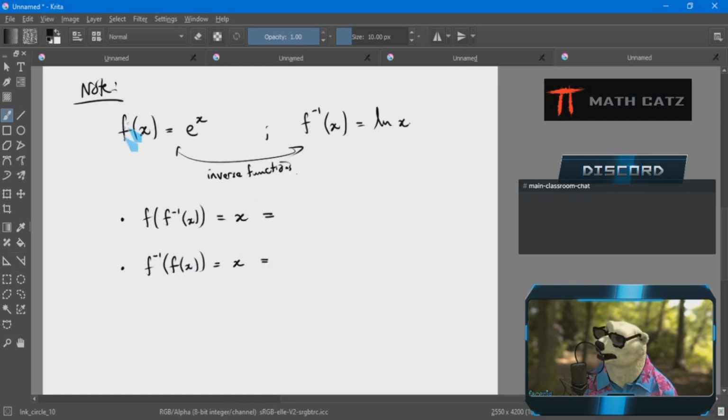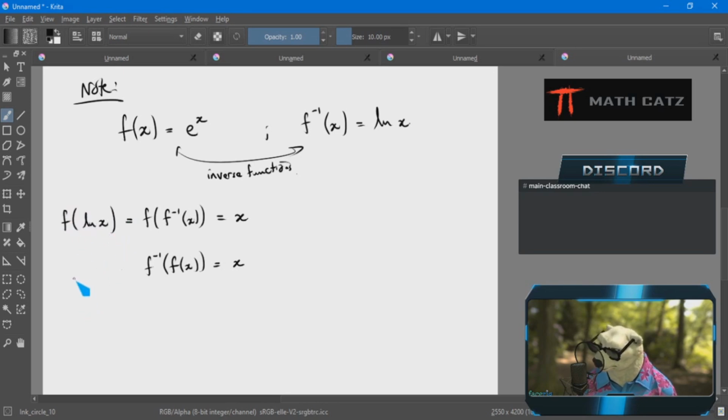Now, if I forget the name f and use the actual functions, let's do it this way. Let's get rid of these dots and write it on this side. I'll do a temporary version, f of natural log of x.